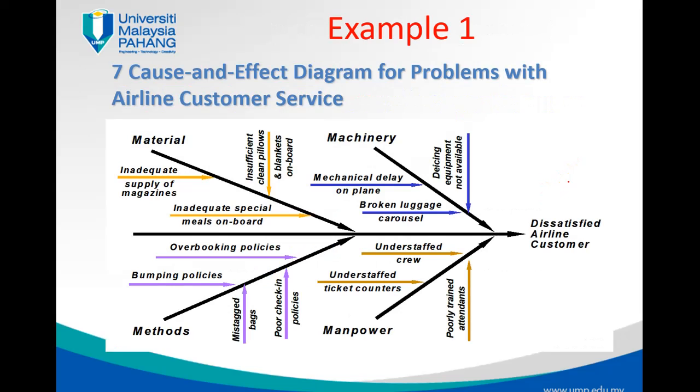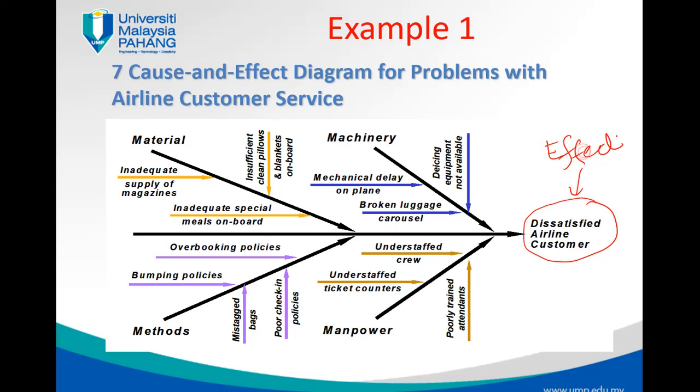Okay, this is an example of a cause and effect diagram. This example is for a problem with airline customer service. Dissatisfied airline customer, so this is the problem or effect.